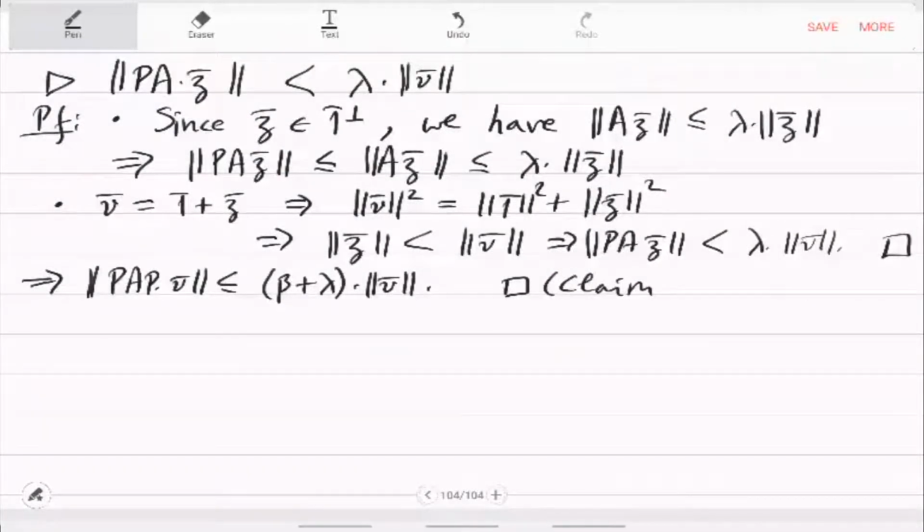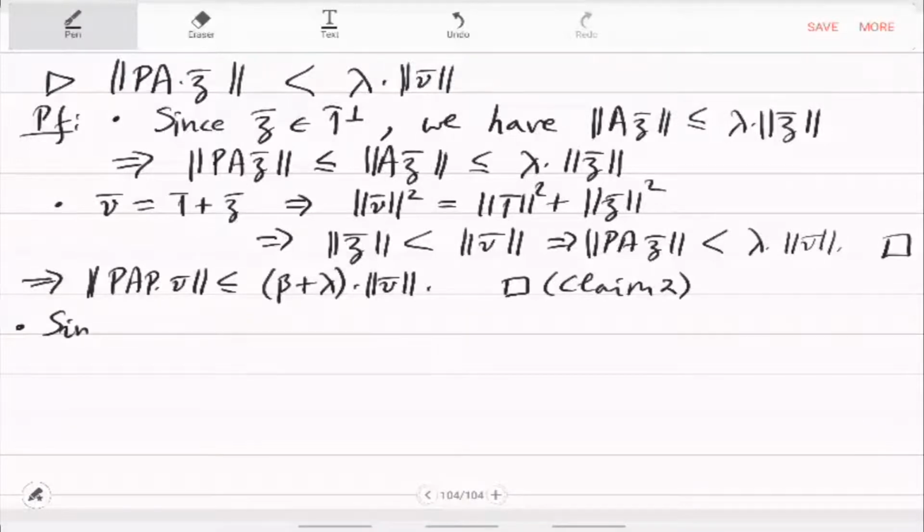So what next? We have shown that the probability of being stuck in these bad vertices is essentially dependent on this PAP to the K, and we have shown in claim 2 that PAP's behavior on a vector is shrinking it to beta plus lambda or smaller. Right. So now you can imagine how the subsequent proof will proceed.